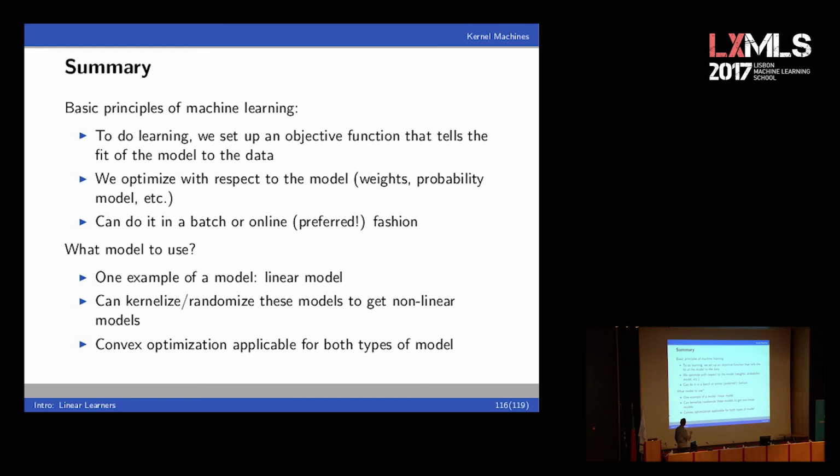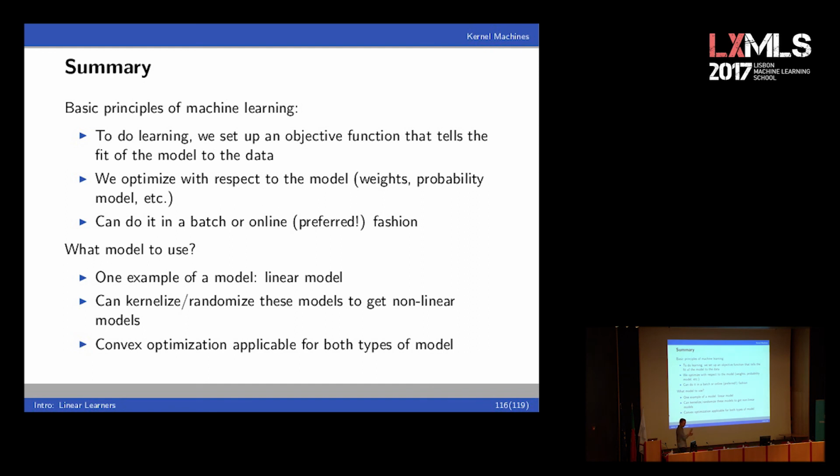To summarize, what I showed you today are basic principles of machine learning. One way of viewing it is first you analyze your problem, you set up an objective function that has the properties that you want to express, and it's amenable ideally to convex optimization.